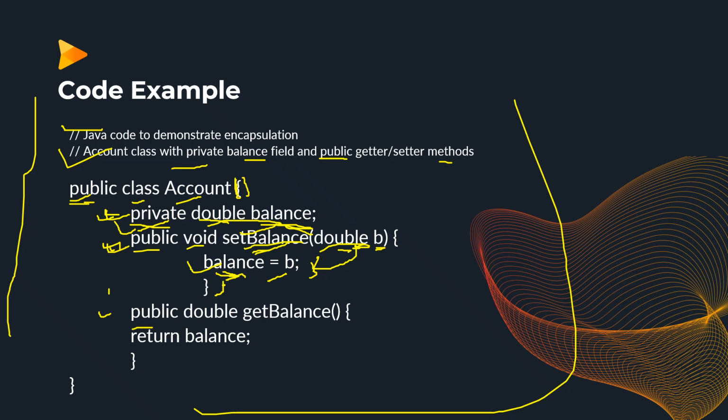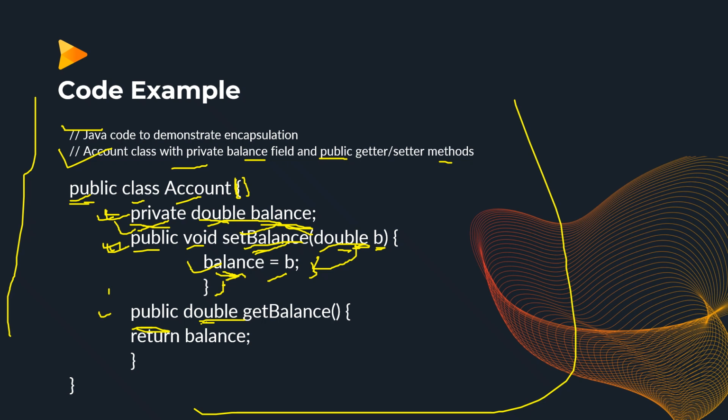We are going to give the public access modifier to our getter method, and double is the data type, since it will return a value. Therefore we are going to use double instead of void. Void means it will not return anything, but double will return a value of data type double.